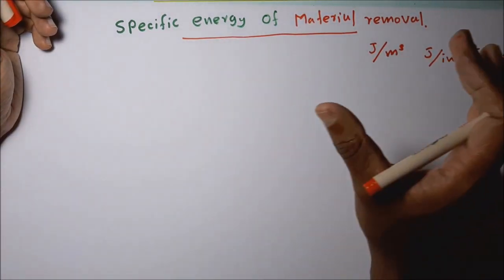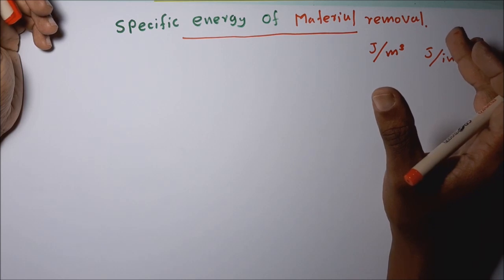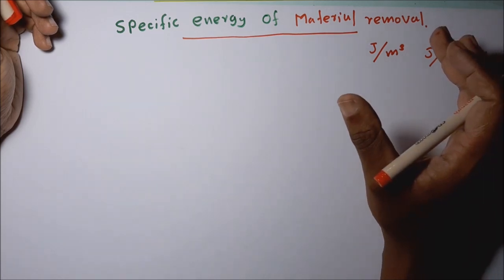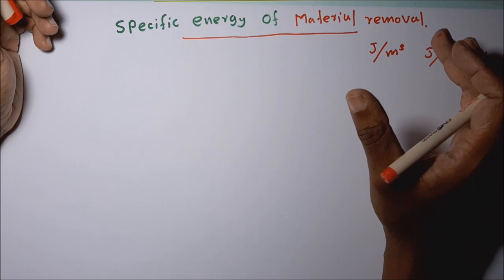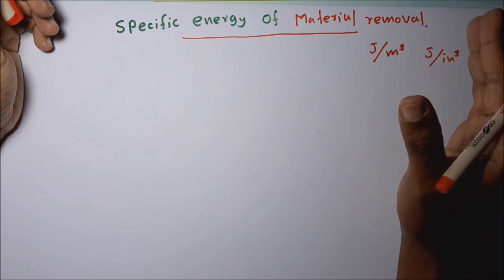Now you know how to calculate the energy consumption in a machining operation, and also how to calculate the material removal rate.